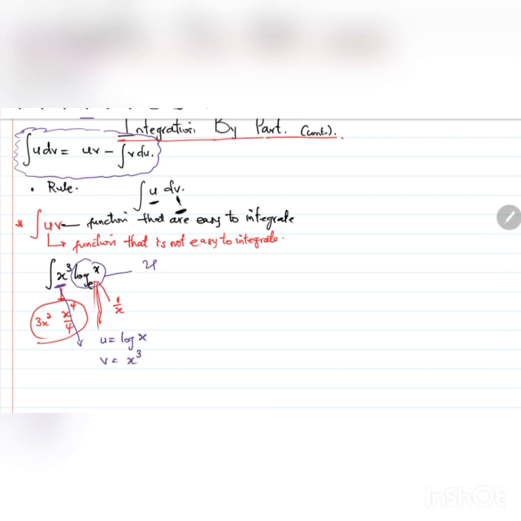Now to integrate that, using the formula, we all know the formula, which is this, I can say it is equal to uv. My u is log x. What is the v? To get my v, I'll have to integrate x cubed. So if I integrate this, I have it to be log x times x raised to power 4 over 4, minus the integral of v.